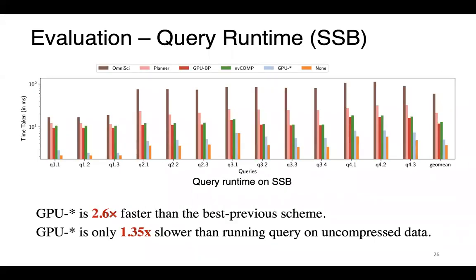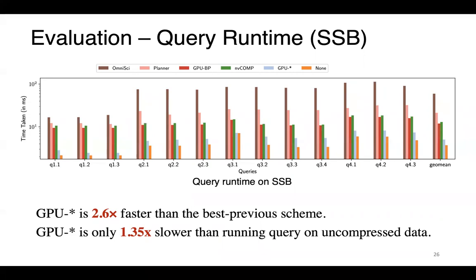In this experiment, we are showing the performance of running Star Schema Benchmark queries on various compression schemes. Our design is shown to perform very well and is 2.6 times faster than the best previous scheme. This is because for other schemes, we have to decompress the column one by one before actually launching the query kernels.